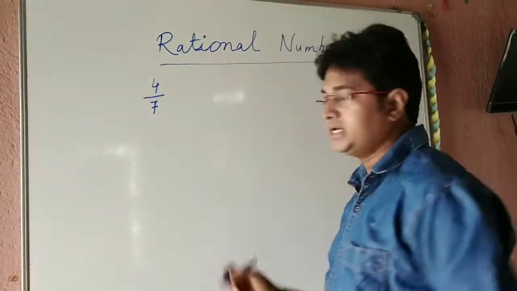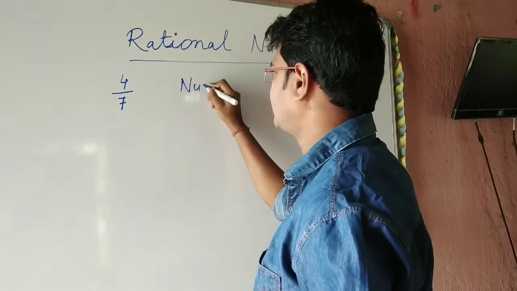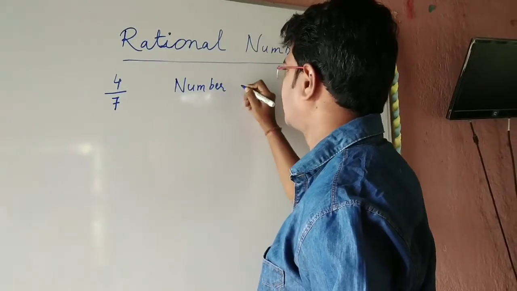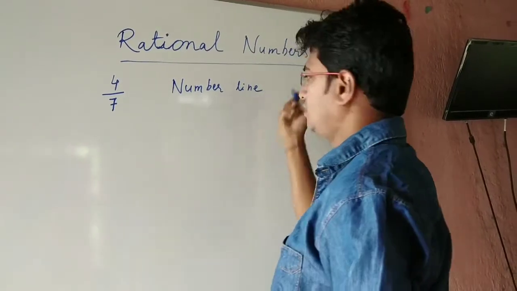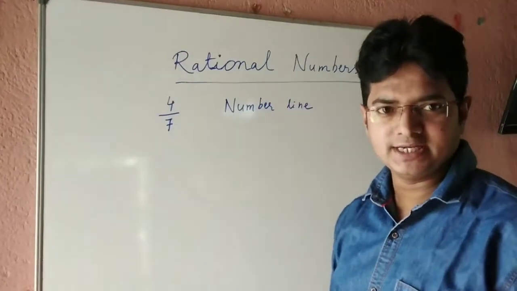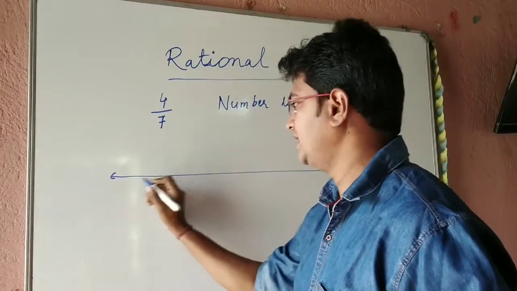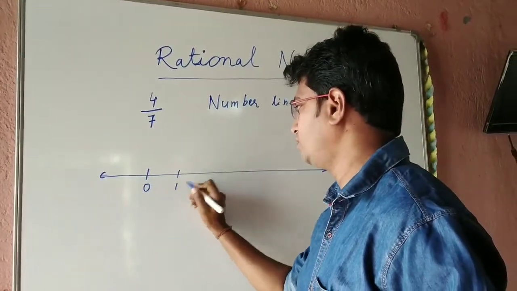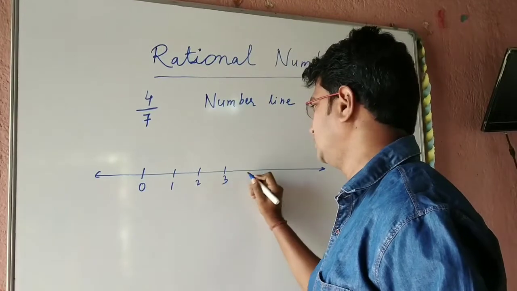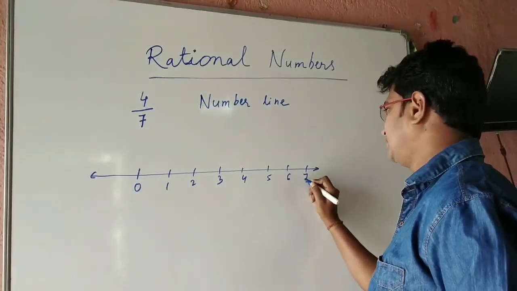Now a rational number can be represented on a number line. I am giving you a very easy method by which you can easily represent this. You make a line with 0, 1, 2, 3, 4, 5, 6, 7.